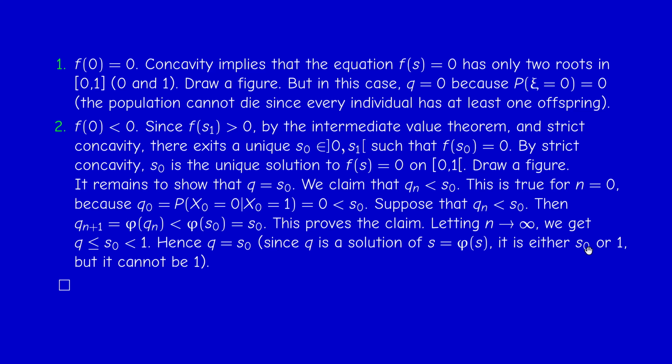So it must be either S0 or 1. It cannot be 1 in this case. So it must be S0 because Q is strictly less than 1. Okay, so we have two solutions, S0 and 1, and Q is less or equal than the smallest one. So it's necessarily equal because it cannot be 1. So necessarily Q equal S0, the smallest one in this case.